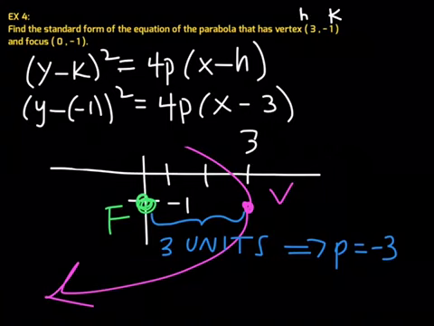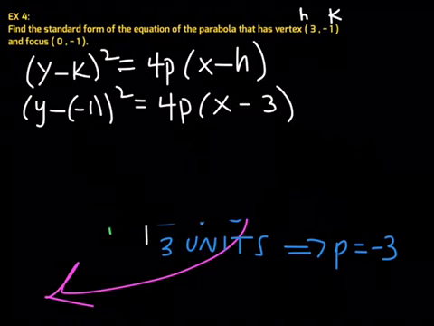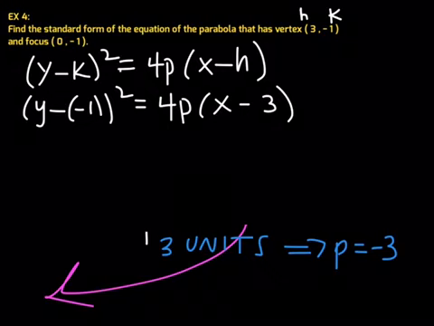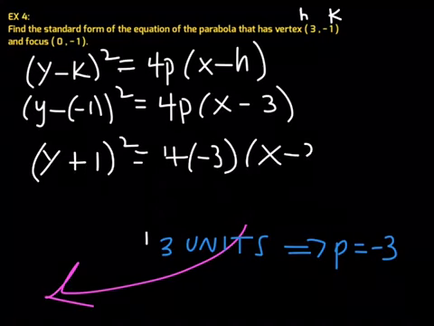So with that being said, I can finish off the standard form for this equation by plugging in -3 for p. All right, so I have (y plus 1) quantity squared is equal to 4 times -3 times (x minus 3), okay?